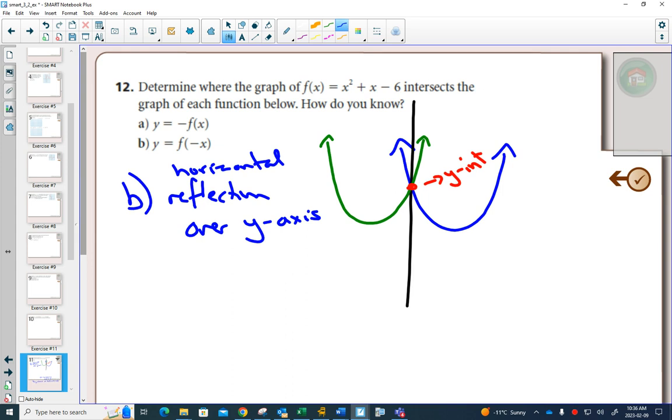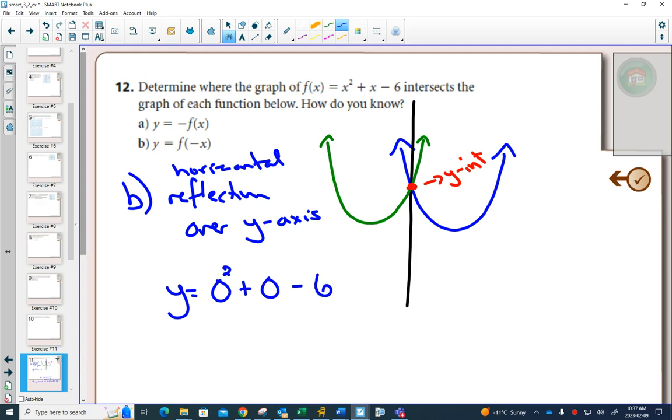I ask myself, how do you find a y-intercept? Well, again, I don't need to find it in the green equation because I don't know it, but I could find it in the blue equation. I find a y-intercept by plugging in 0 for x. So I take my blue equation. Probably wouldn't have to write that down.